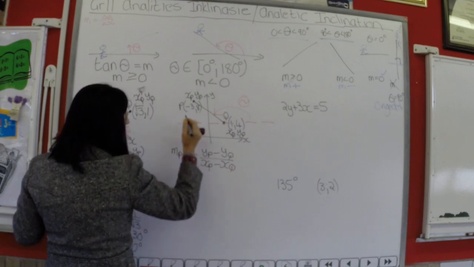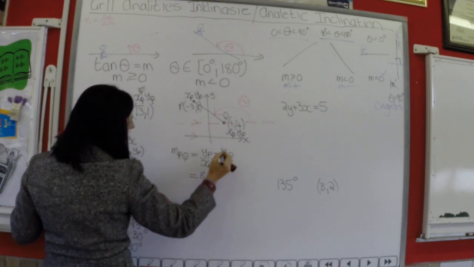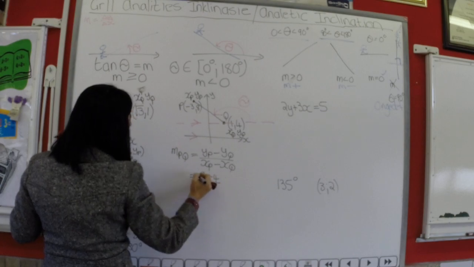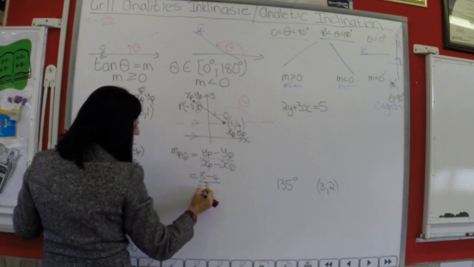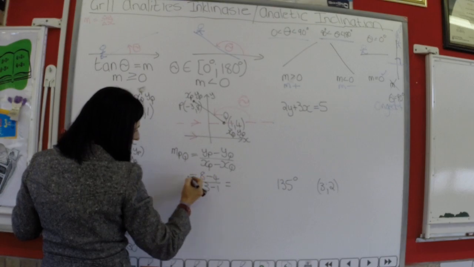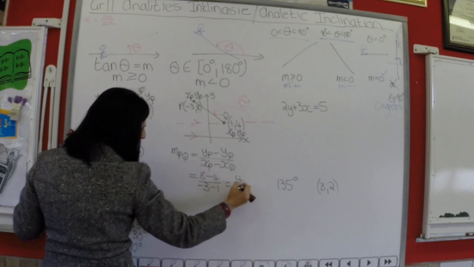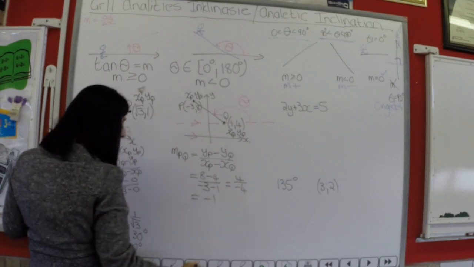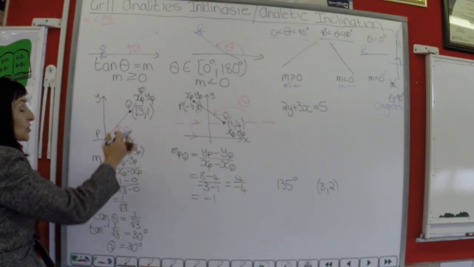So now we're going to be 8 minus 4 on minus 3 minus 1. So ons sien, ons gaan 4 op minus 4. My gradient is minus 1 en dit is die waarheid want dit is 'n stomphoek.